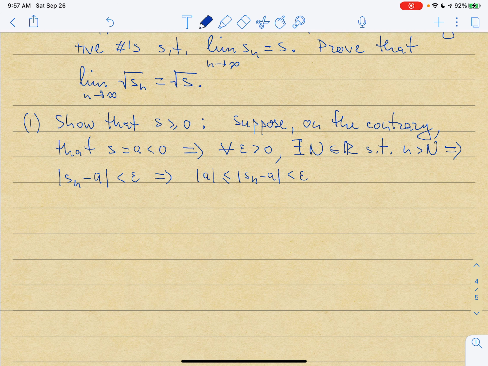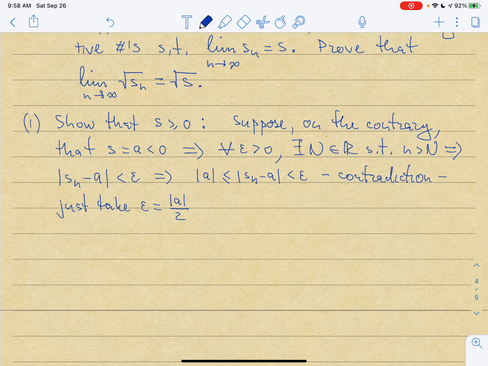And this should be true, again, for any epsilon greater than 0. Well, but then this is going to give me a contradiction, right? Just take epsilon to be the absolute value of A over 2.